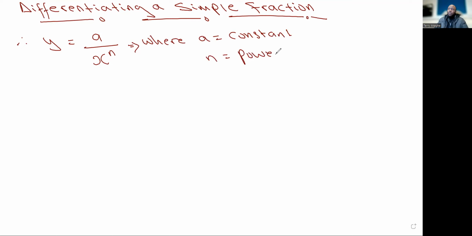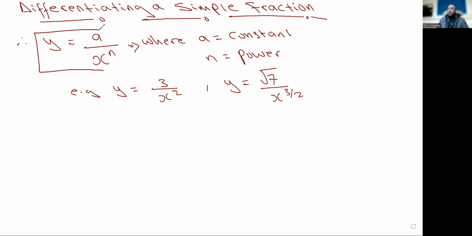So for instance, you're having something like y is equal to, let's say, 3 over x squared, something like this, okay? Or you have y is equal to square root of 7 divided by x raised to the power 3 over 2, something like this, and you were told to differentiate. So that means it's having this form here. Y is equal to a divided by x raised to the power n.